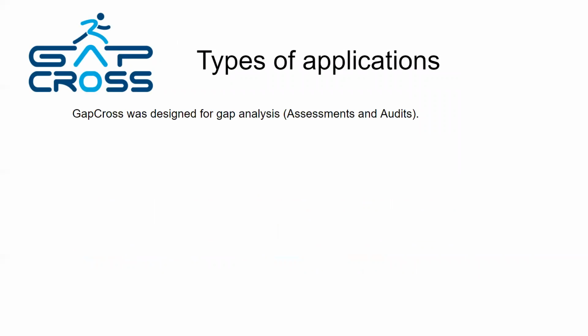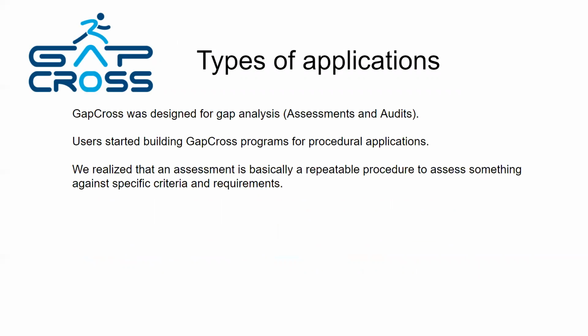GapCross was designed for gap analysis, assessments, audits, inspections, checklists. Users started building GapCross programs for procedural applications. We realized that an assessment is basically a repeatable procedure, in this case, to assess something against specific criteria and requirements.